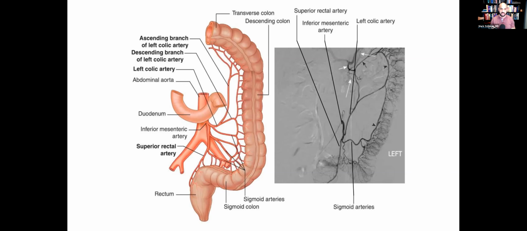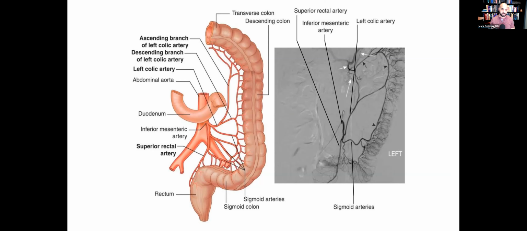This beautiful cartoon-ish diagram shows a short trunk of the IMA with an ascending branch, the left colic artery, and then after it bifurcates off of the left colic artery, you have all your sigmoidal vessels. It shows maybe a half centimeter, maybe a centimeter chunk of IMA, very short.